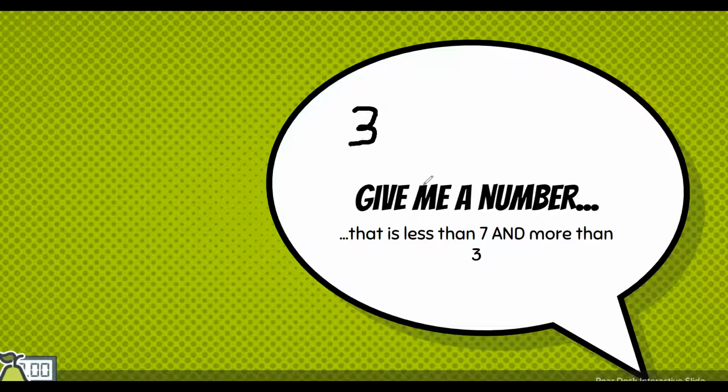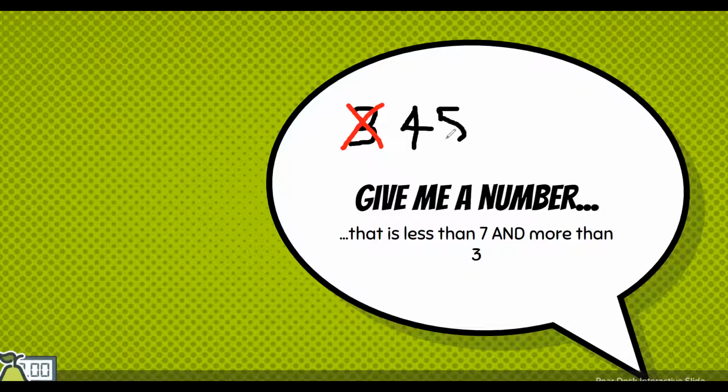Let's take a look at the number 3. Is it possible for 3 to be less than 7 and more than 3? Well, if it's the less than 7 part, no problem. But 3 is not more than 3. So unfortunately, we can't start there. But what about 4? 4 is less than 7 and more than 3.